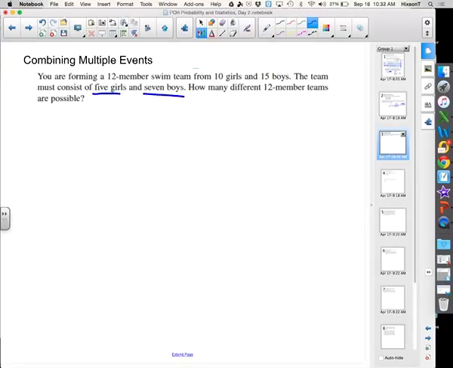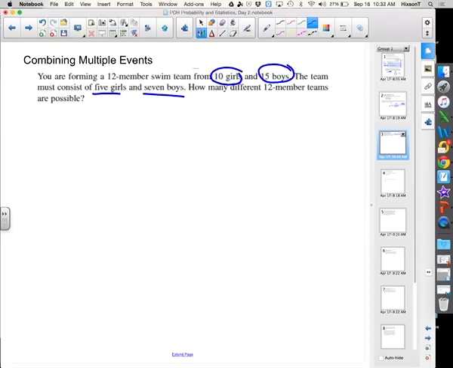Yeah, we multiply those together, okay? Now, notice we're talking about events that are independent of each other. In this case, what girls you pick is not going to impact what boys you pick, okay?